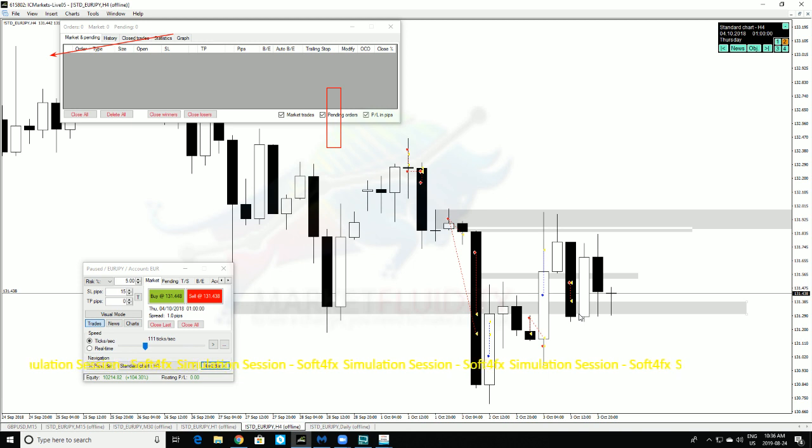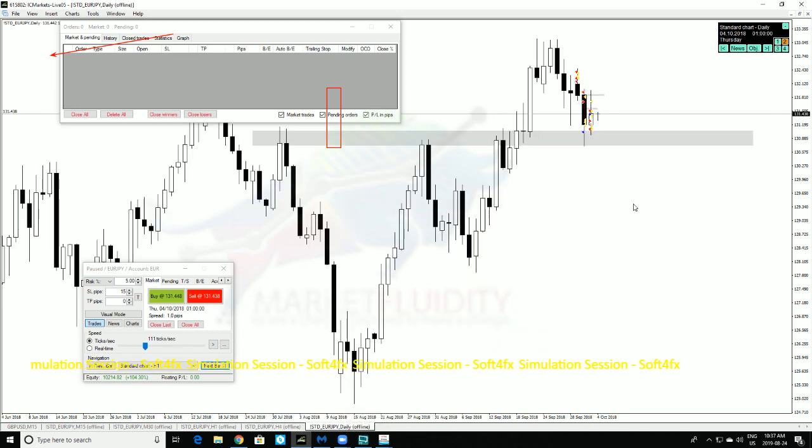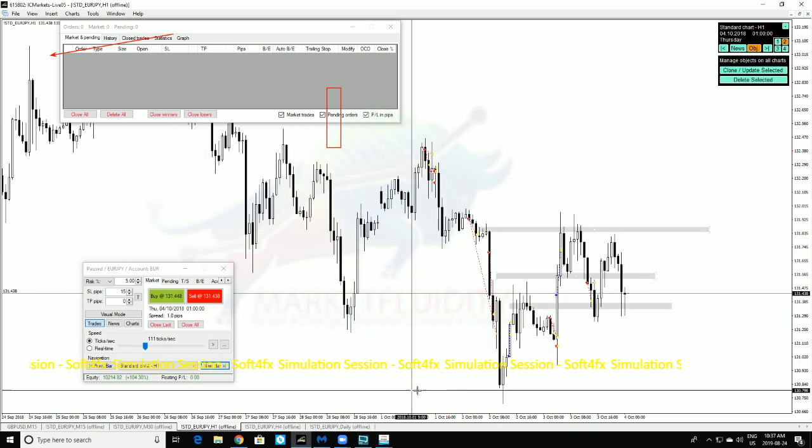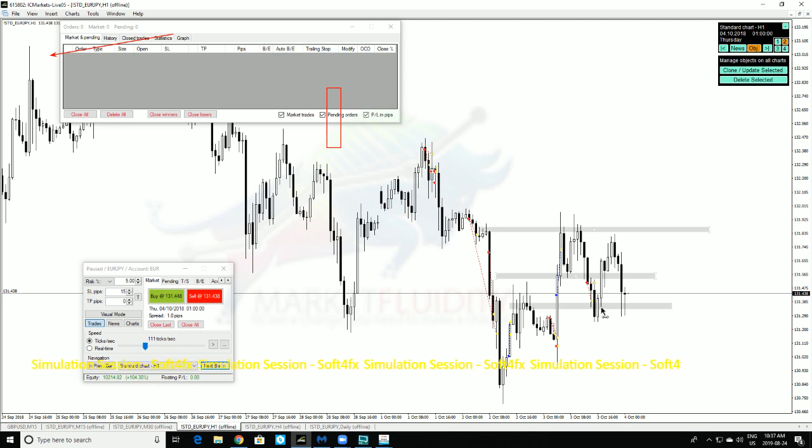4 hours at support, 4 hours is trying to range, right? Looking at the daily, daily is at support. Daily seems like it can push up, but yeah, I don't know, it's pretty tricky, because now we gotta look at the most recent supports.